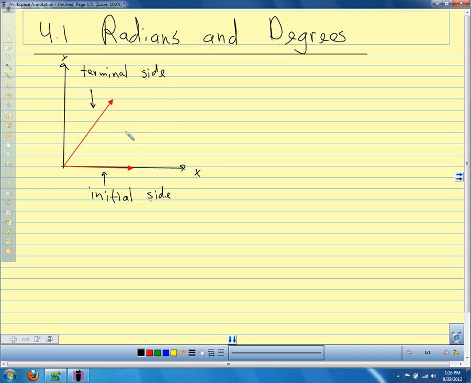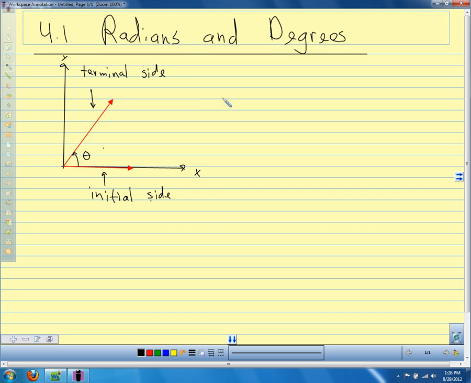And our angle is how much we have to rotate to go from the initial side to the terminal side. And we usually label angles theta. I don't know why they chose theta for angles, but that's just kind of math tradition to name angles theta.